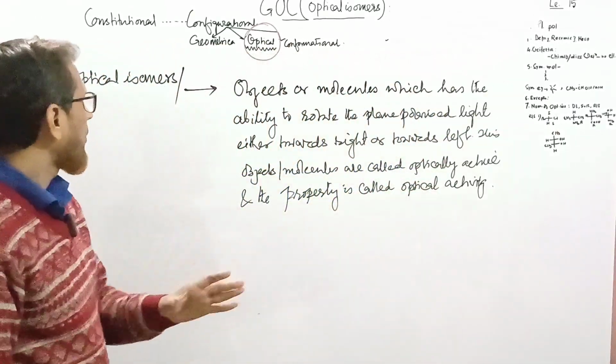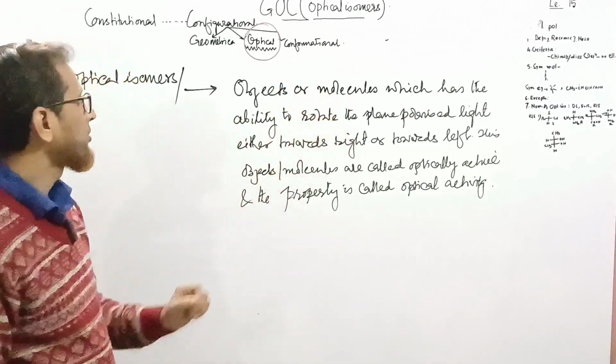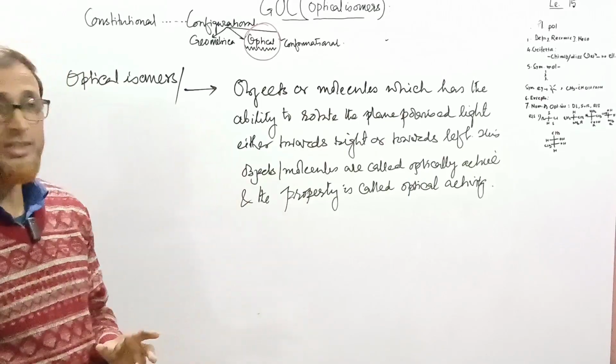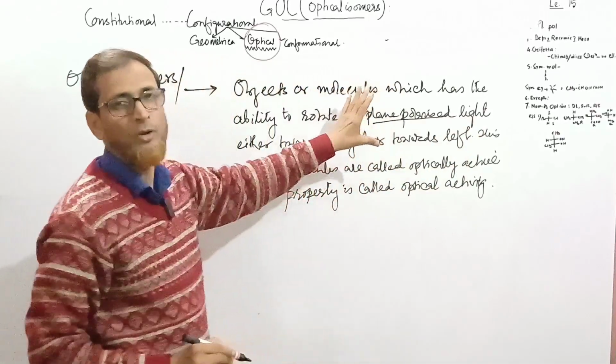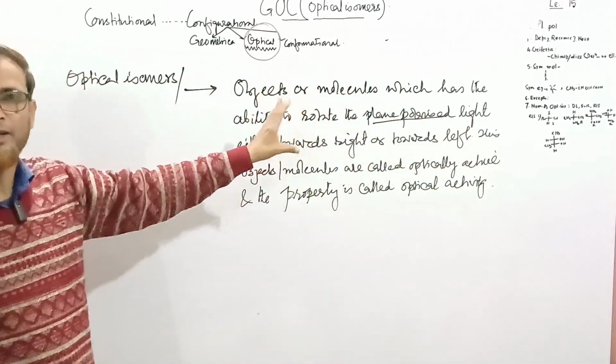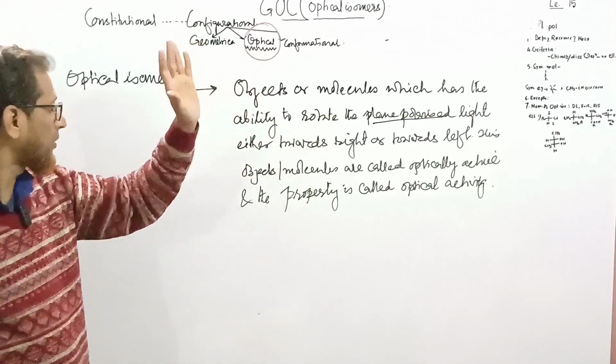There are some objects, some molecules in chemistry. We will be concerned with the molecules in organic chemistry which have the ability to rotate plane polarized light. That I have already defined: not normal or ordinary light, it is plane polarized light in one axis. Vibration waves are in one axis.